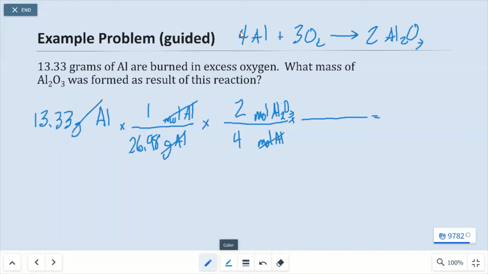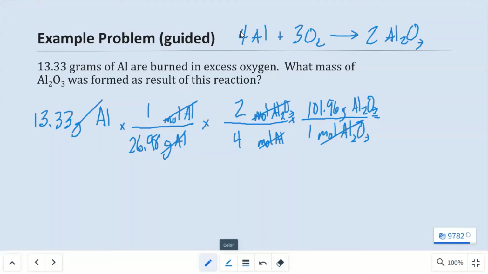And then finally, last step, 1 mole of aluminum oxide. I need the molar mass, 2 times 26.98 for the aluminum, 3 times 16 for the oxygen, 101.96 grams of aluminum oxide for every mole. Everything cancels.